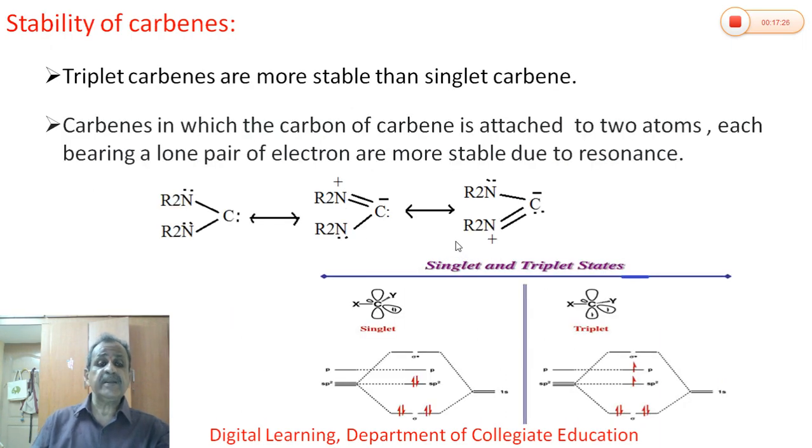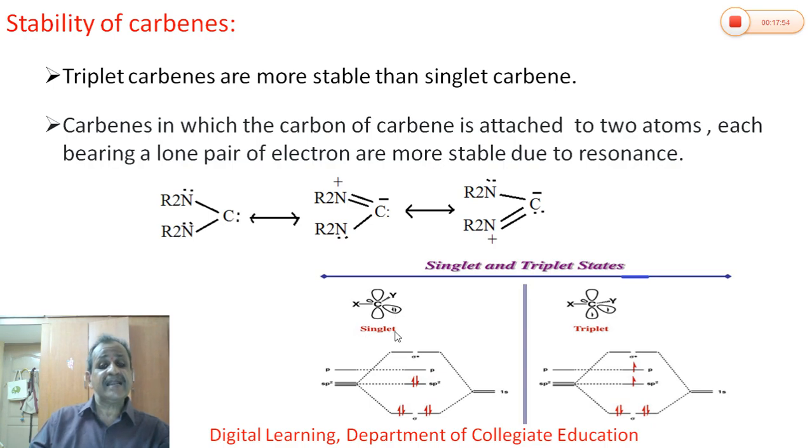Now when we look at the stability of carbenes, there are two electrons present on carbon. Both electrons may be present in the same orbital, or they may be unpaired and present in two different orbitals, single electrons in two different orbitals. The first is known as the paired condition: the electrons are paired and present in the same orbital.